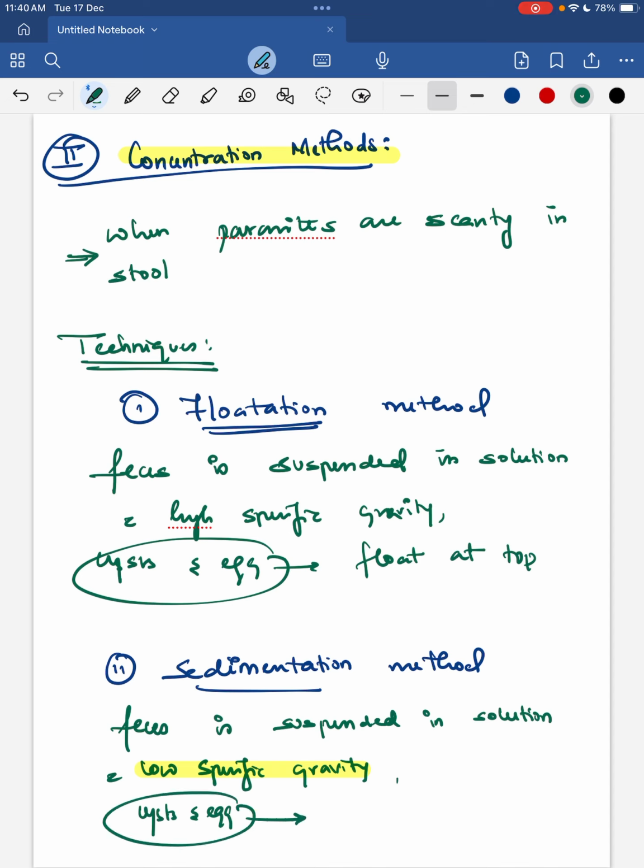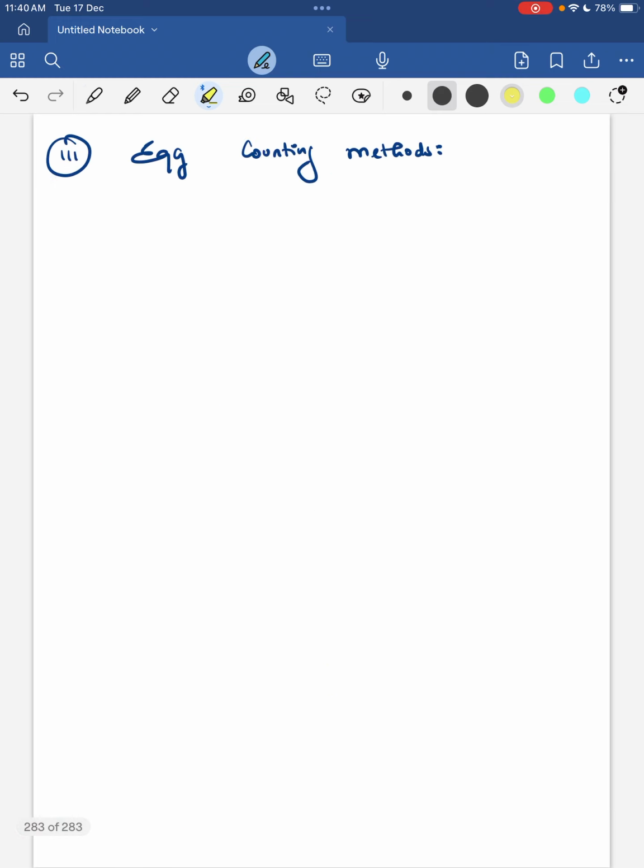Right? Next is your egg counting methods. I have not gone into detail of your egg counting methods. I have just written the techniques that are being used for your egg counting methods. Techniques that are being used for your egg counting methods are: first one is standard wet mount. Second one is your thick smear technique.